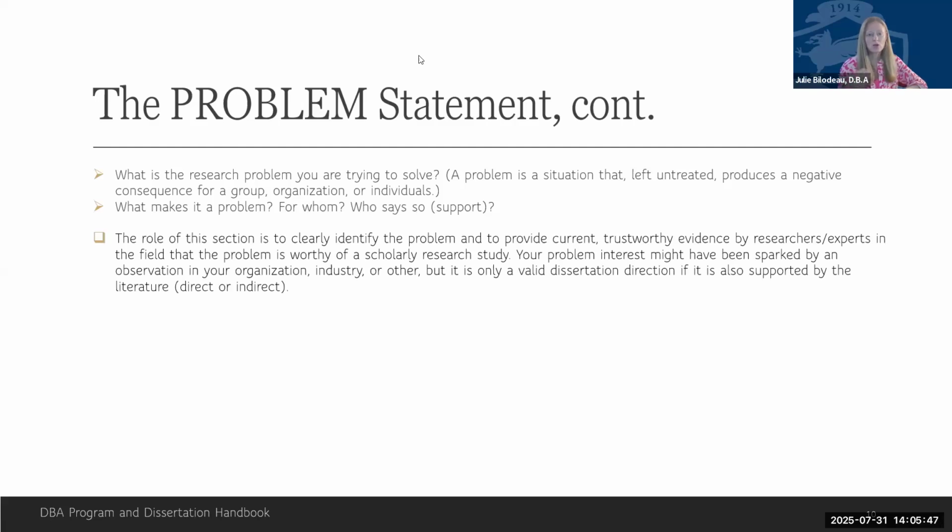So the role of the section where you are stating your problem and then supporting it, because when we talk about a problem statement, yes, it can be literally a sentence, a question, or a statement. And that's kind of your quick elevator pitch, right? But then you also include support as you're developing your dissertation work, the support for the problem.